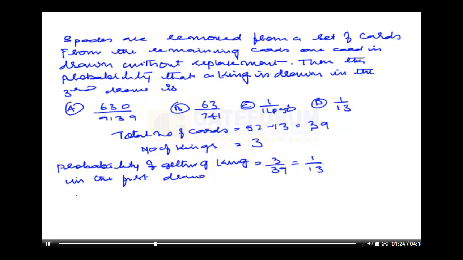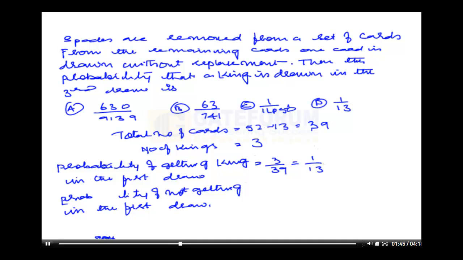Then what is the probability of not getting a king in the first draw? We can calculate. So the probability of not getting a king in the first draw is equivalent to 1 minus 1 by 13, that is 12 by 13.